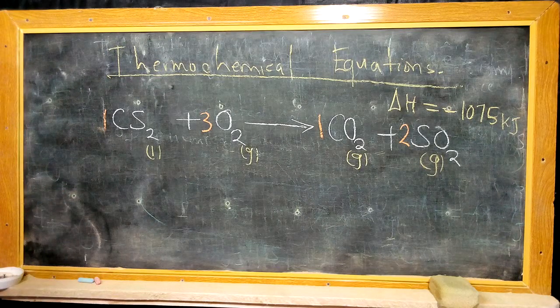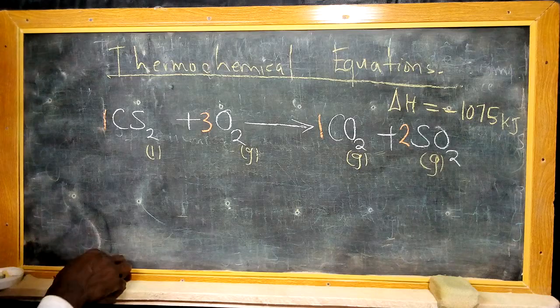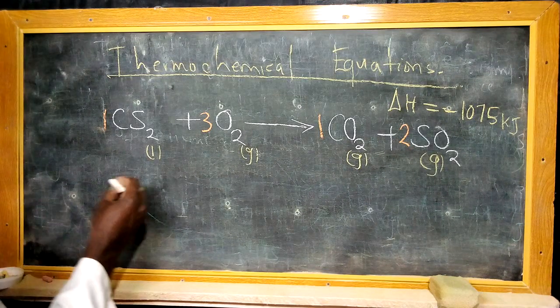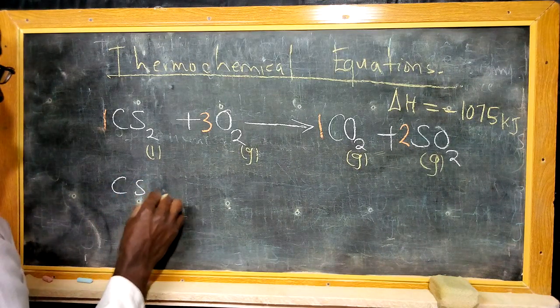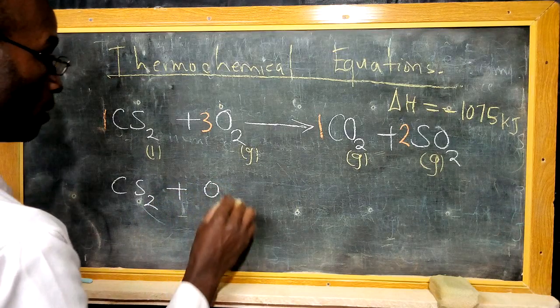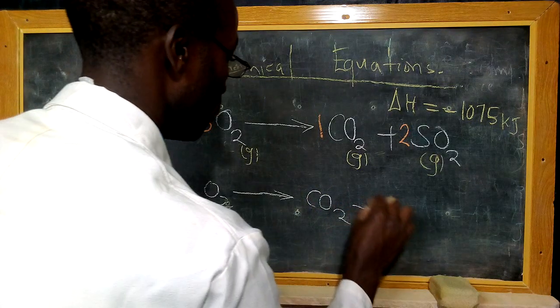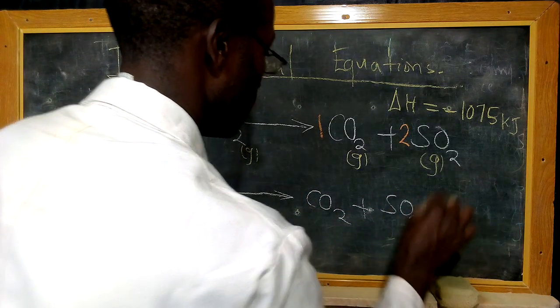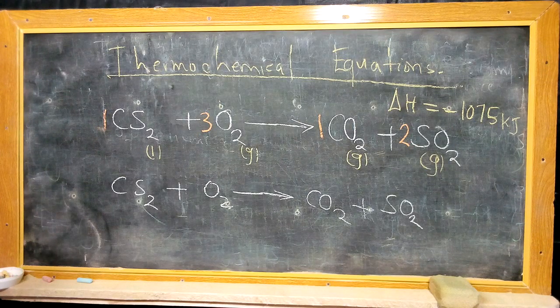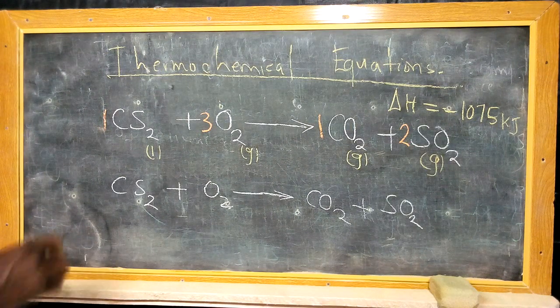Suppose we do a reaction under a full or limited supply of air, as in the case of carbon monoxide and carbon dioxide. Suppose we have a different ratio of the coefficients, then we still have the same equation: carbon disulfide plus oxygen gas undergoing combustion to form carbon oxide plus sulfur oxide.